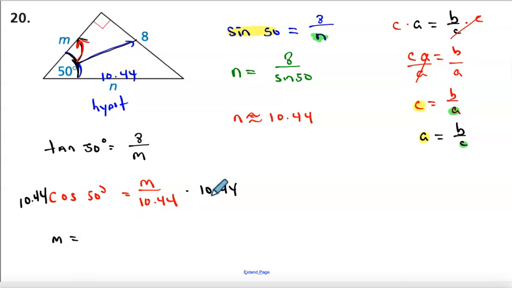So m is equal to 10.44 times the cosine of 50 degrees. And there's going to be a little bit of error there because I rounded the 10.44, and I'm using that rounding for the cosine of 50. So this is equal to about 6.71.